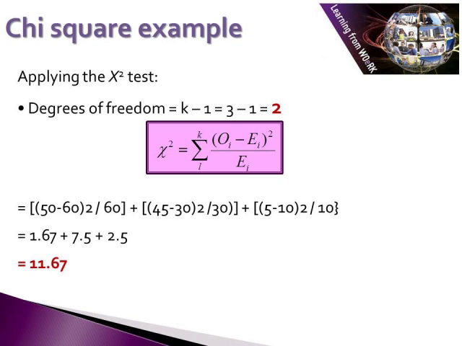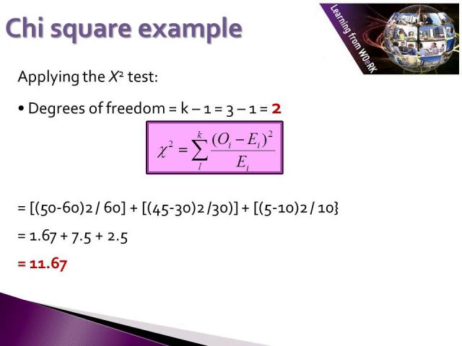We then add the rest of our possible cases together. So we deal with our tertiary, which is the first lot, then secondary, which is 45 minus 30. So we had 45 within our sample who worked within secondary, minus 30, which is the expected value, squared, and then divided by our expected value of 30.